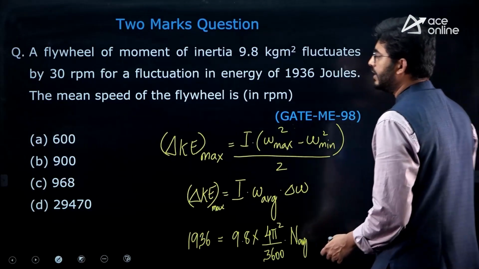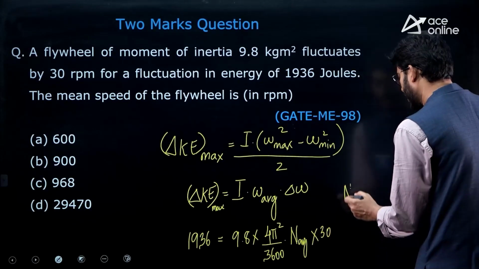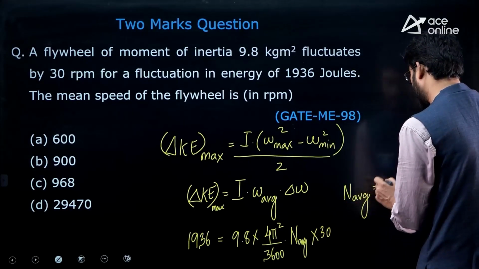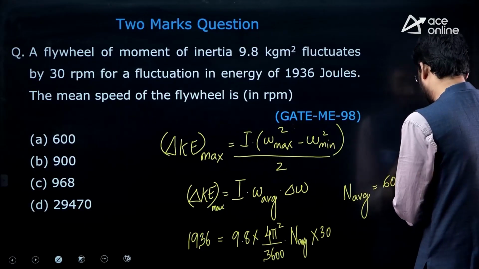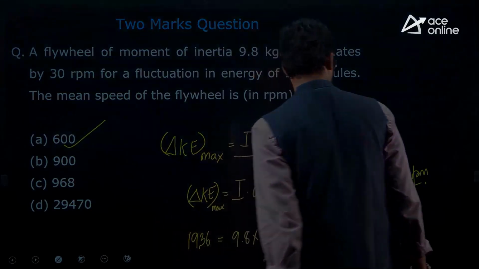So delta n here it is given as 30 rpm, so into 30. So upon solving for n average, we would be getting the answer as 600 rpm, that is option A is the answer. Now let's see the question.